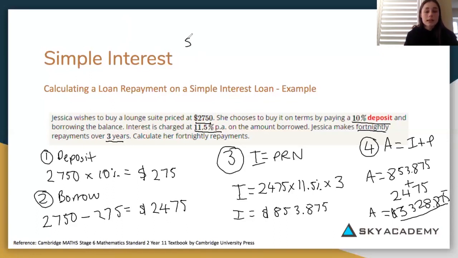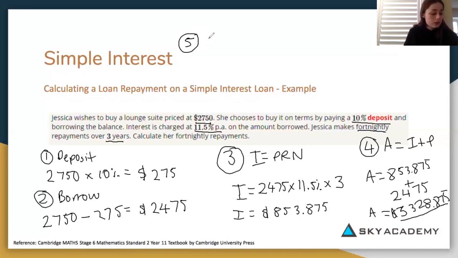So our last step is going to figure out how much she has to pay each fortnight. So for one fortnightly repayment, that's what we have to find. And if you remember from the previous slide, we just have to divide the total to be paid, which is our A, by the fortnightly repayments.